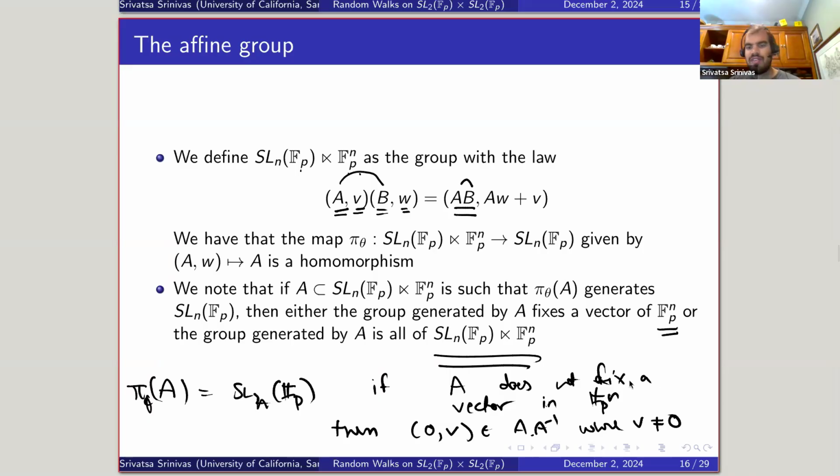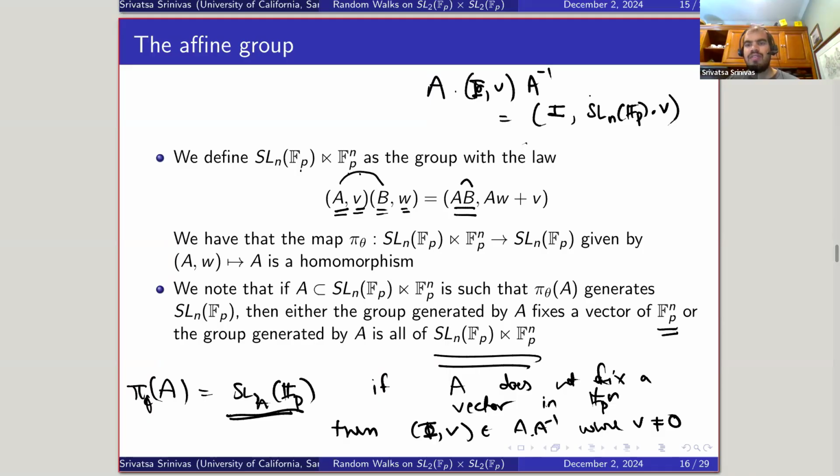And now that you have a non-zero vector, and since you have every matrix, you note that A times (0, v) times A inverse, sorry, there's no 0 in the matrices, this is I. So when you conjugate the identity, you're just going to keep the identity, but the cool thing over here is this vector gets perturbed, and then you're actually going to get the action of SL_n(F_p) acting on this vector.